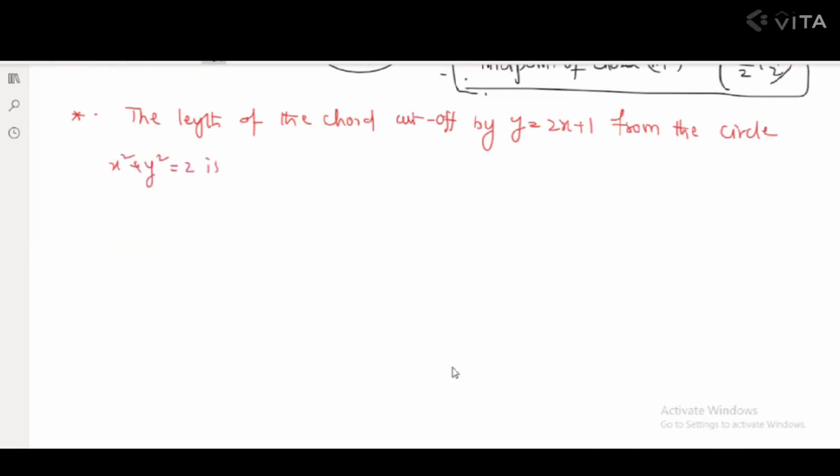So what is being asked is the length of the chord cut off by the circle, right?